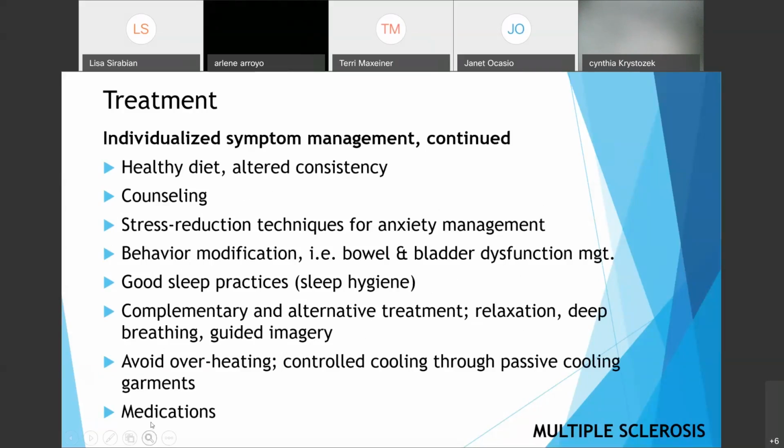Avoiding overheating. Remember we said overheating can cause a pseudo exacerbation. They actually have garments on the market that control the cooling for that person, controlled cooling through passive cooling garments. And then of course those medications.